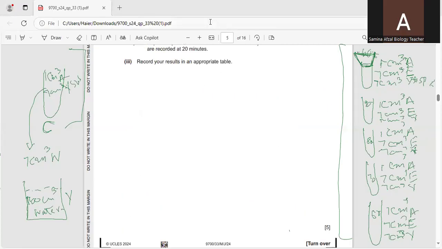Yes, we are going to make a table in the space provided in this way.